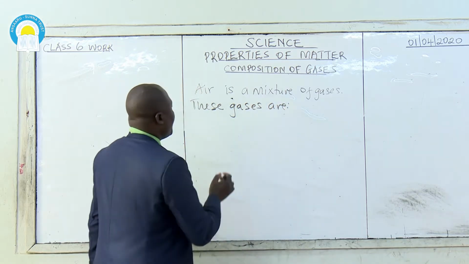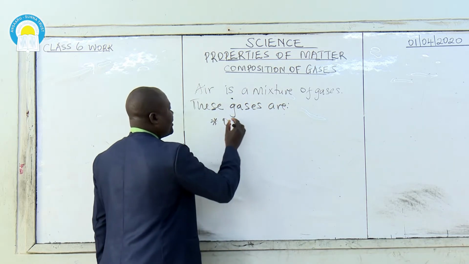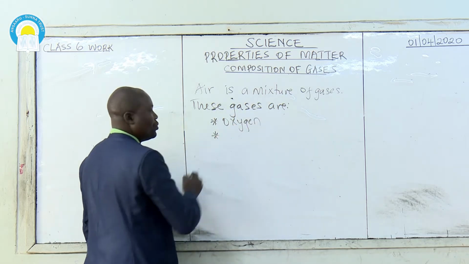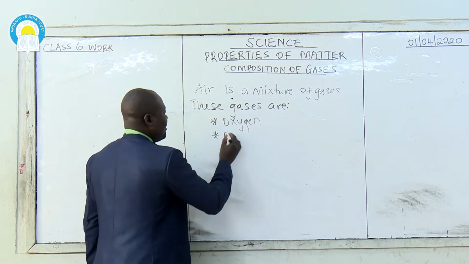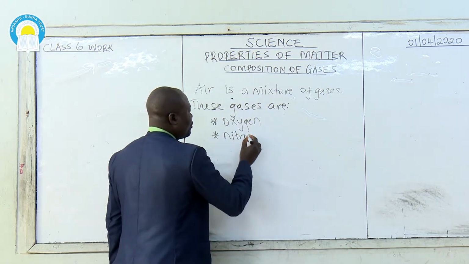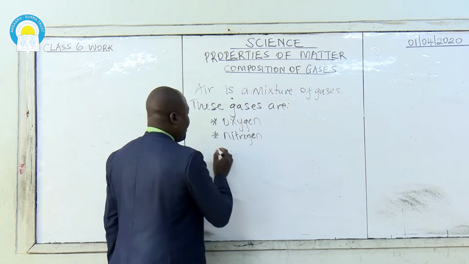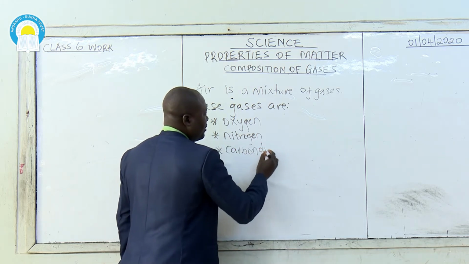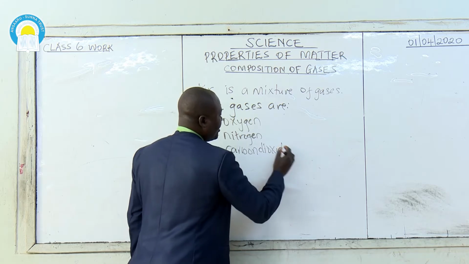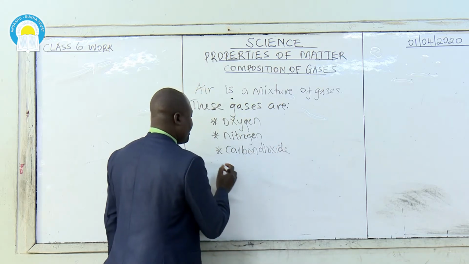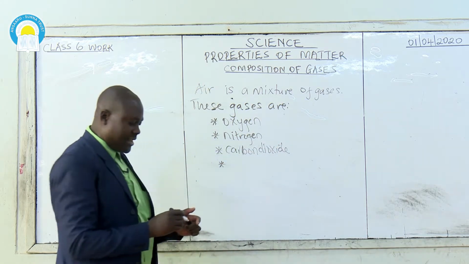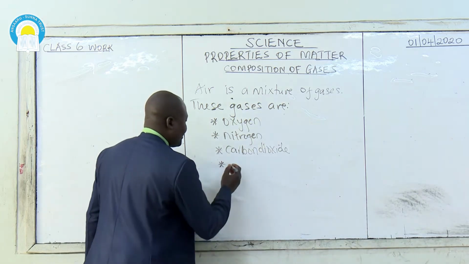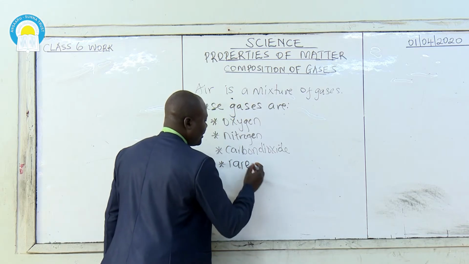One, we have oxygen, which is one of the gases. Number 2, we have nitrogen. Then we have another one we call carbon dioxide. Carbon dioxide is among the gases which are very important. Then lastly, we have rare gases.